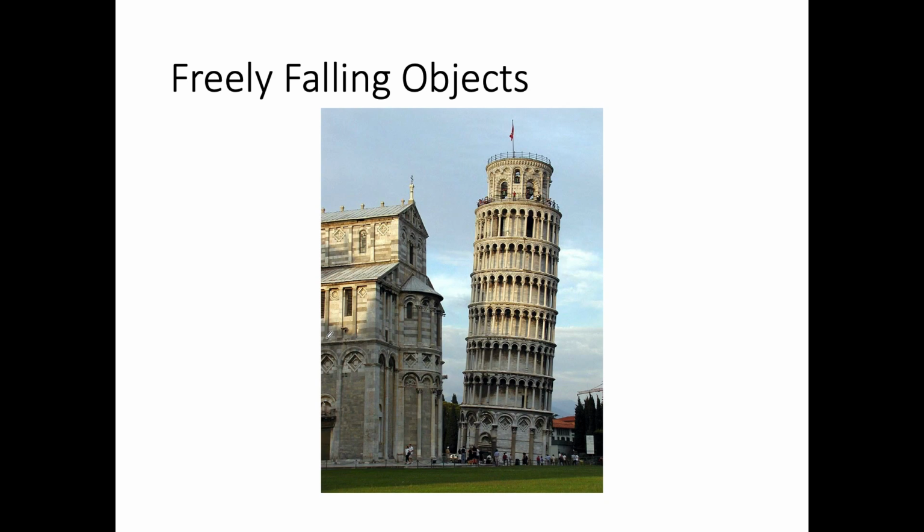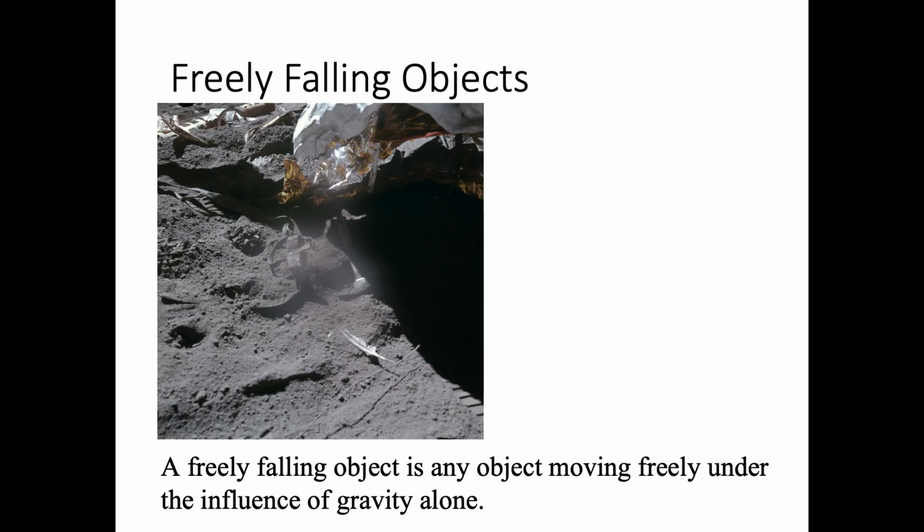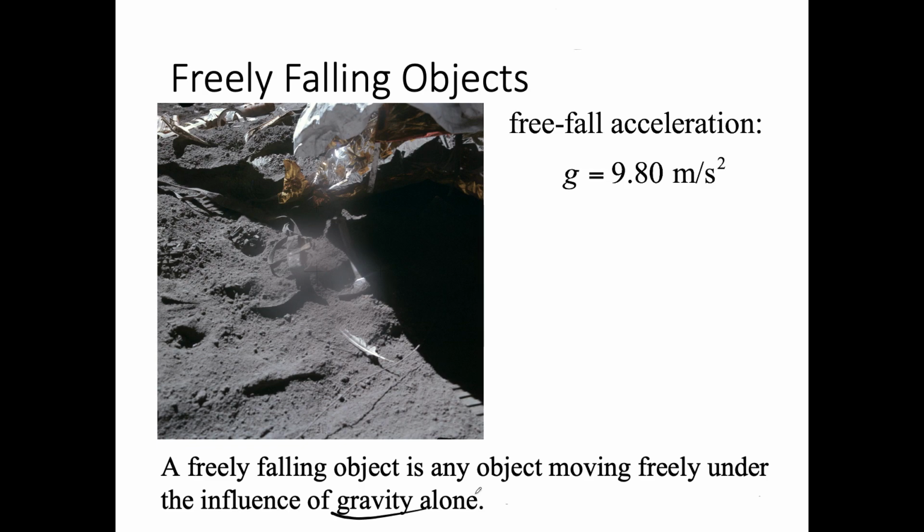Now we examine a special case of constant acceleration, which we call free falling motion. A free falling object is an object that moves freely. There is no other force except gravity, so there's only one force acting on the object.